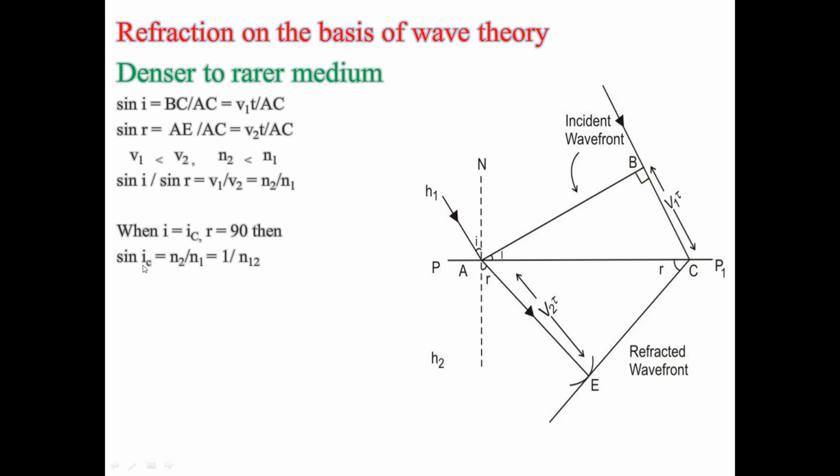Therefore, we can write the equation as sin IC by sin 90 is V1 by V2, that is equal to N2 by N1. But sin 90 is 1, therefore sin IC is equal to N2 by N1, or equal to 1 by N12.